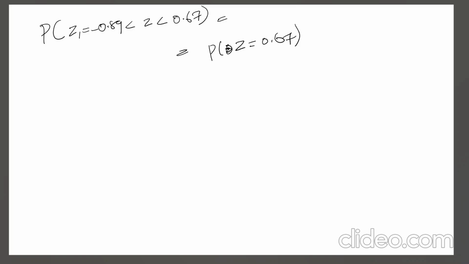Now we have to find the vector value for... so what is the problem? For that, it's probably limited with the 0.67. Right?